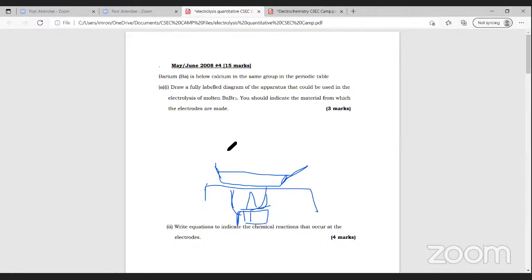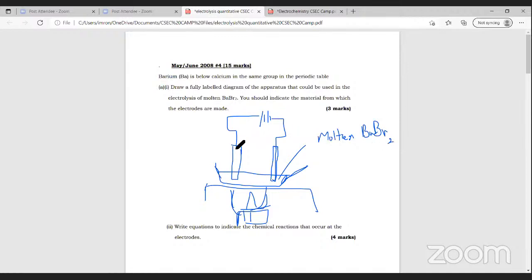All right, and you need your two electrodes. All right, you need your electricity supply. Something like this. What would be your electrolyte? Would be that molten. You have to be able to do basic labeling, molten barium bromide.